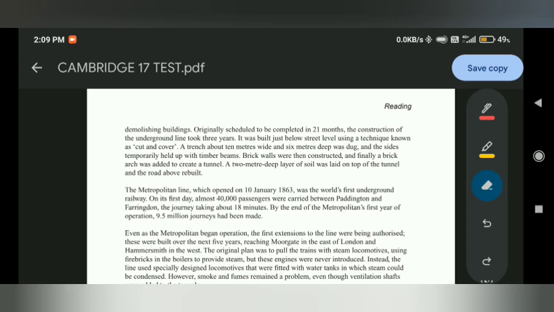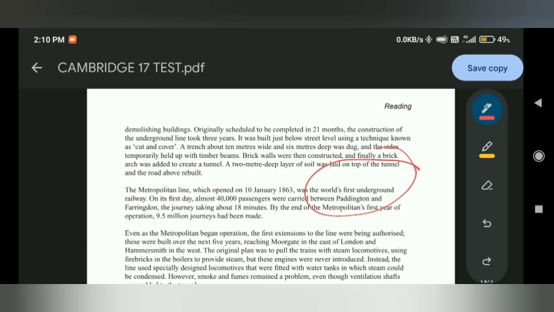So let's read. The metropolitan line, which opened on 10th January in 1863, was the world's first underground railway. So in the question it is mentioned that an underground railway was opened before the metropolitan line was constructed in the world, but the information is contradicting, as here it is mentioned it was the world's first underground railway.